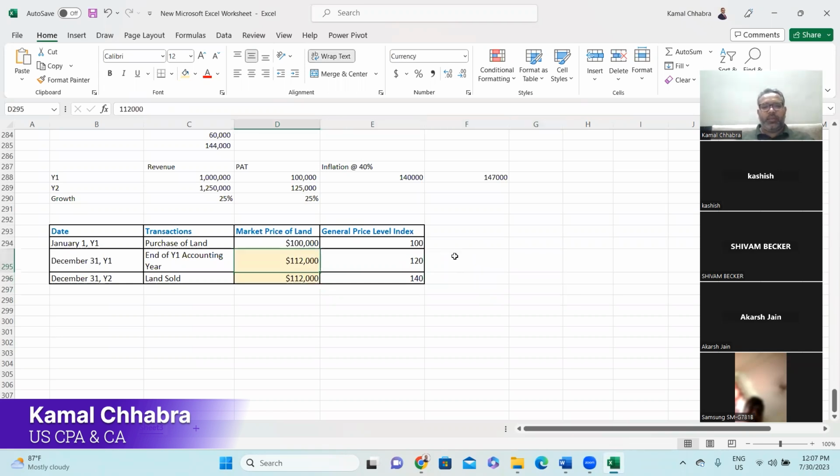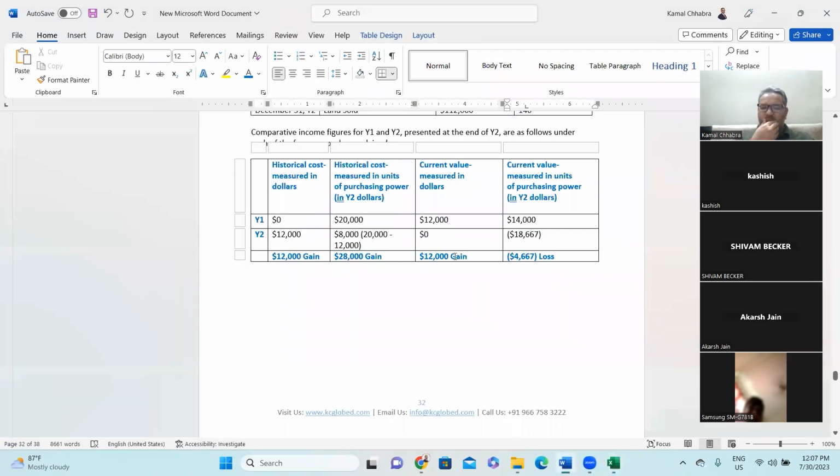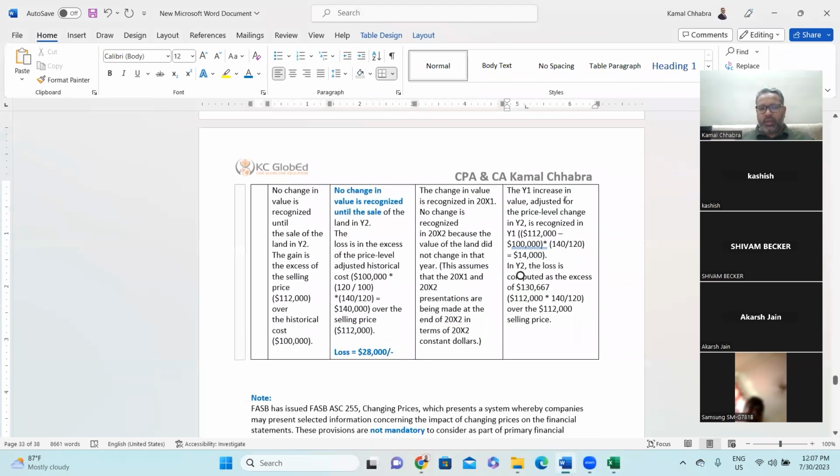So in year one, against this $112,000, what is the price index? In year one, the increase in value adjusted for price level change in year two is recognized in year one: 112,000 minus $100,000.